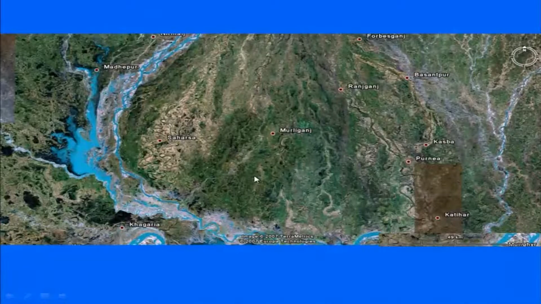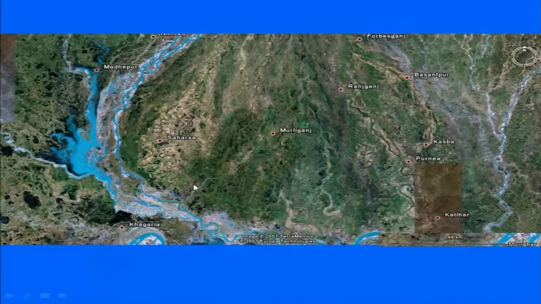This is a close up of that, and the channel in the blue water which you see here is in the flooding state. This image was taken during the monsoon season, and if you look at the closer view, you have all the tight meanders over here.